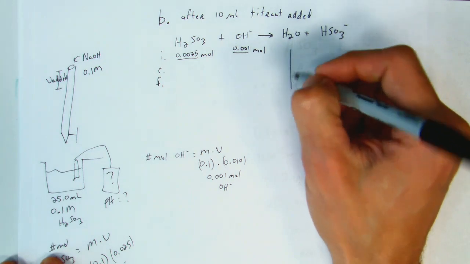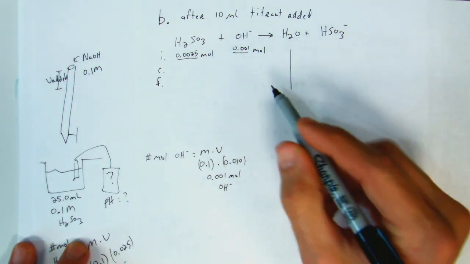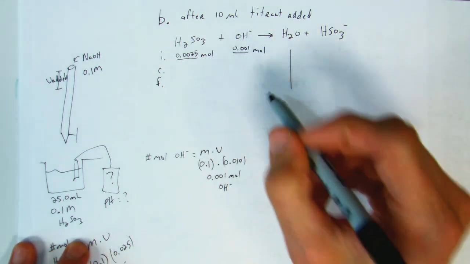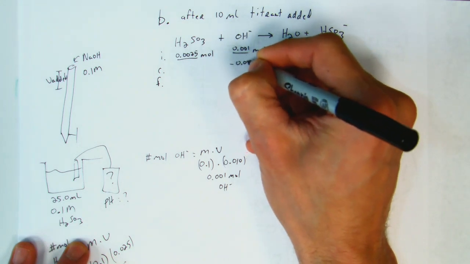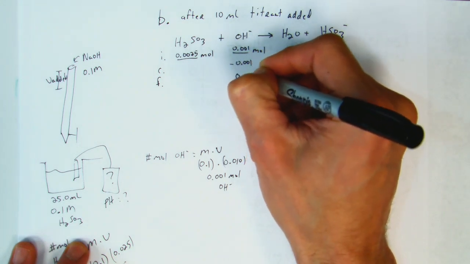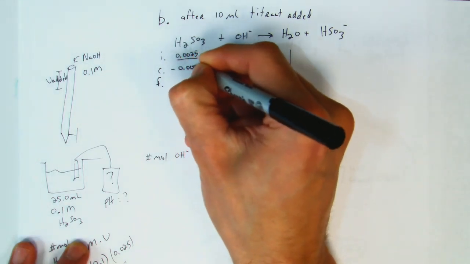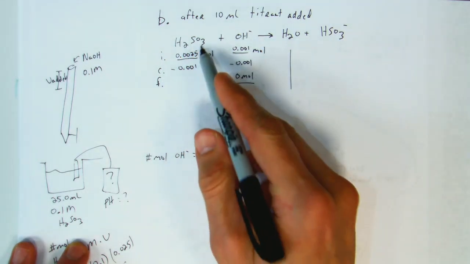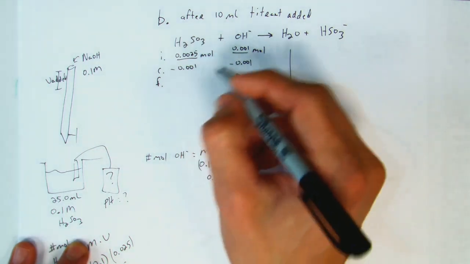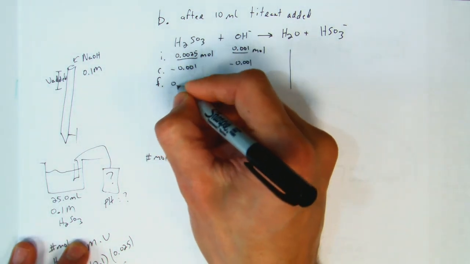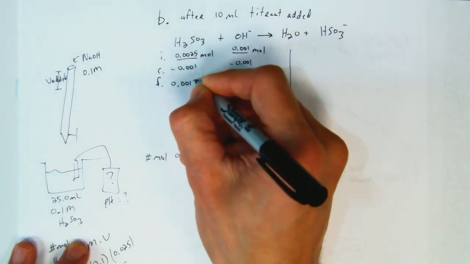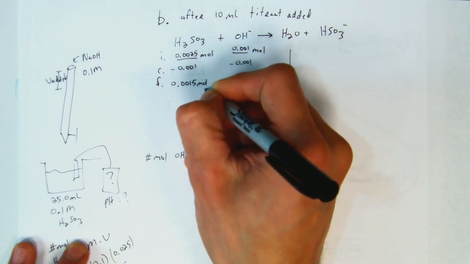So now, limiting reagent type problem, as long as OH is strong, I'm going to run out of hydroxide first. I'm going to have 0 moles of that. I'm allowed to then react 0.001 moles of this stuff. I can't use any more because I run out of my strong base. And I'm left with 1.5 millimoles.